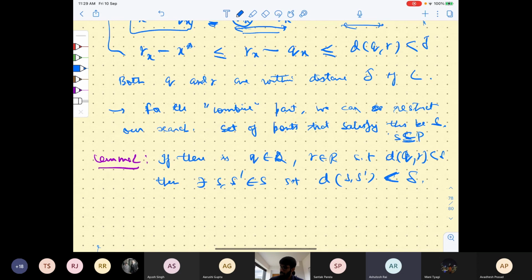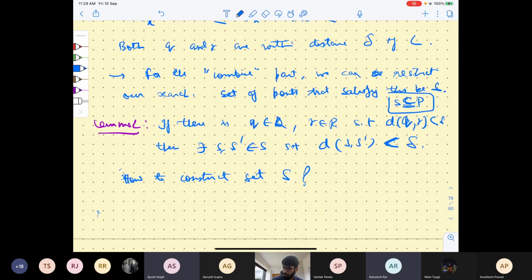Okay, good. So how do we construct the set S? We start from the end of the Qx array and go left until the x coordinate becomes x star minus delta, and similarly for Rx.